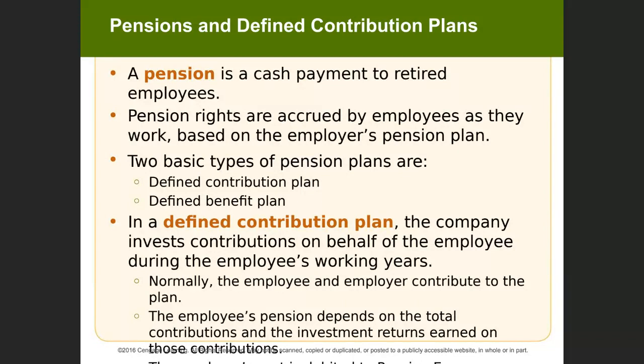Normally, the employee and employer contribute to the plan. The employee's pension depends on the total contributions and the investment returns earned on those contributions, and the employer's cost is debited to pension expense.